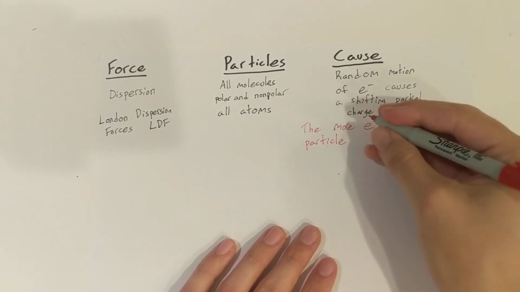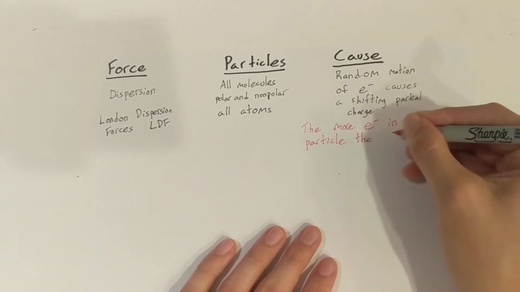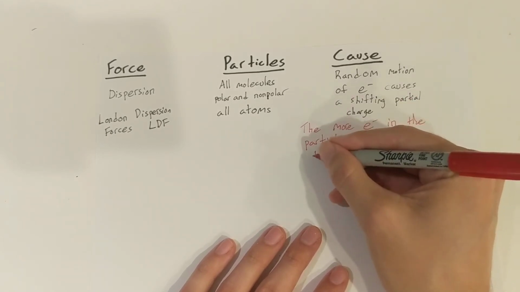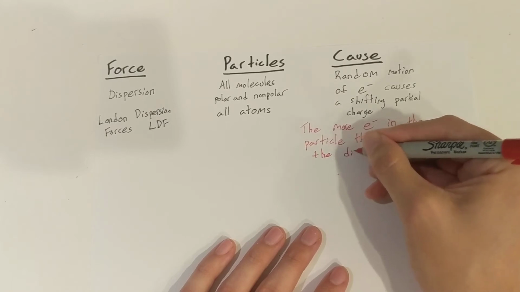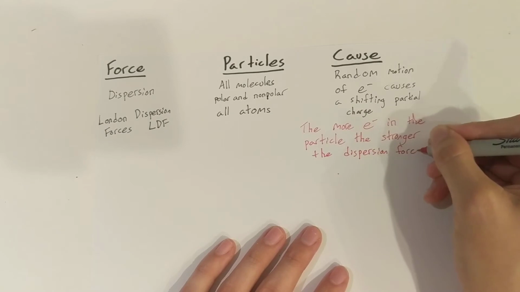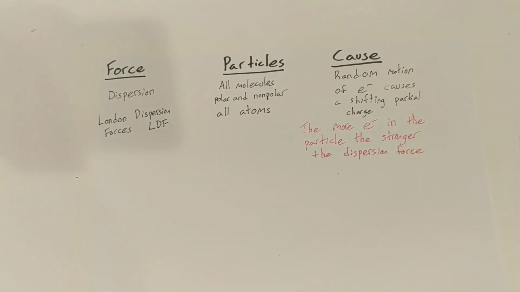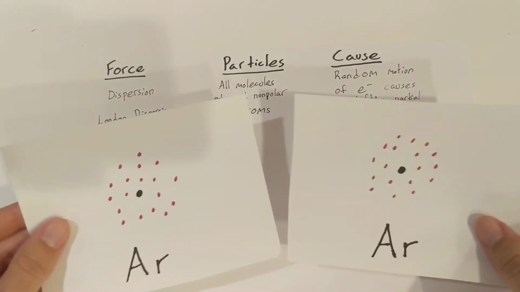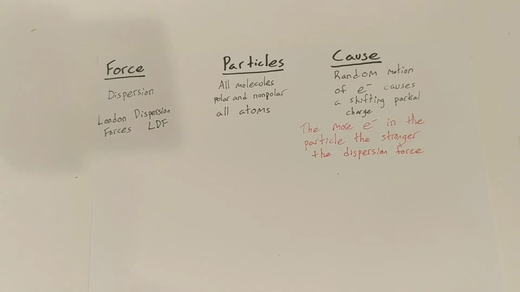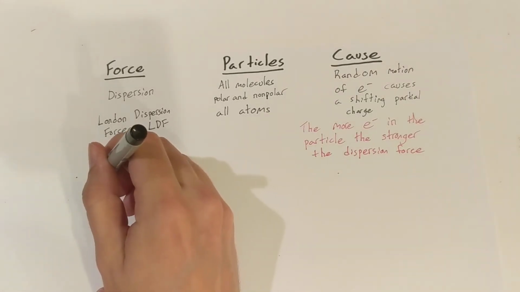The more electrons in the particle, the stronger the dispersion force. So that's why argon, which has 18 electrons, has a stronger dispersion force. We could think of that as attraction, a stronger attraction than neon. All right, so that's all I got to say about dispersion forces, really.